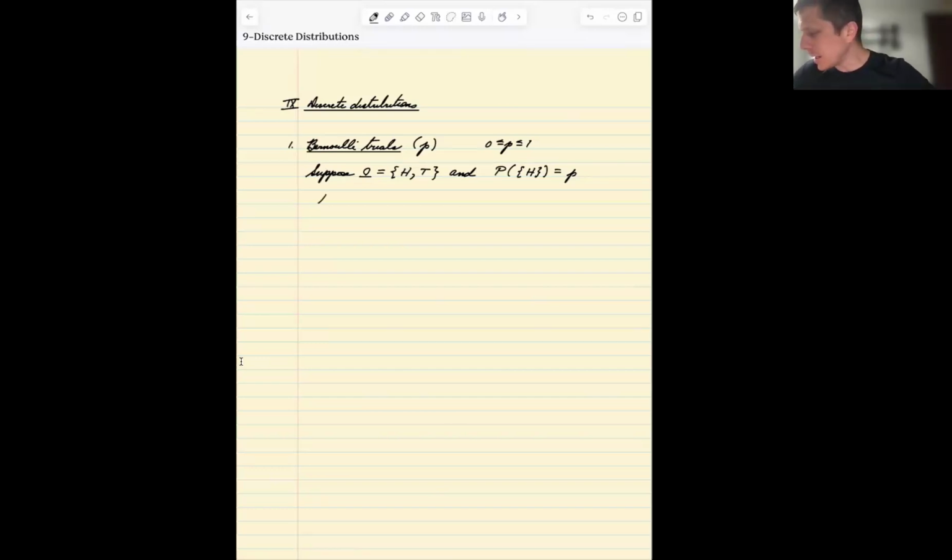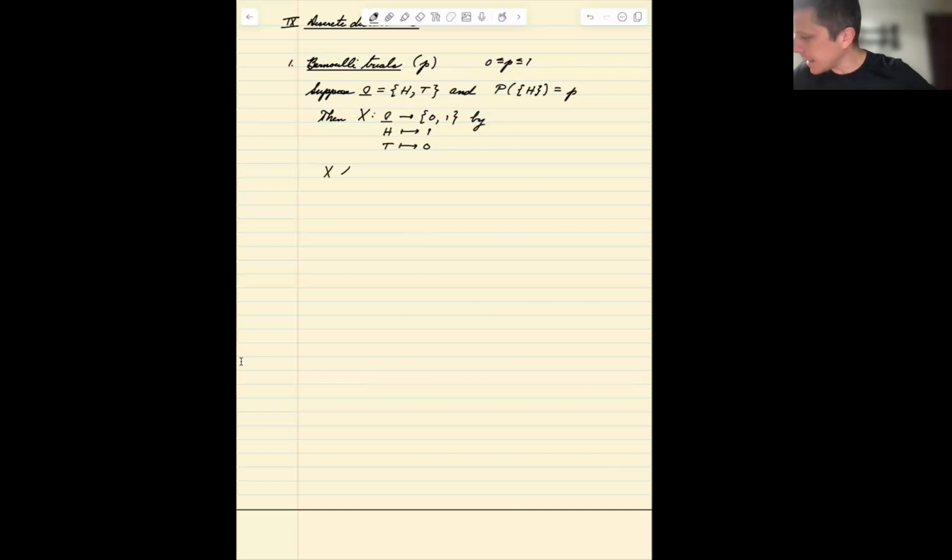And then we define X, the random variable, to take heads to the value 1, tails to the value 0.